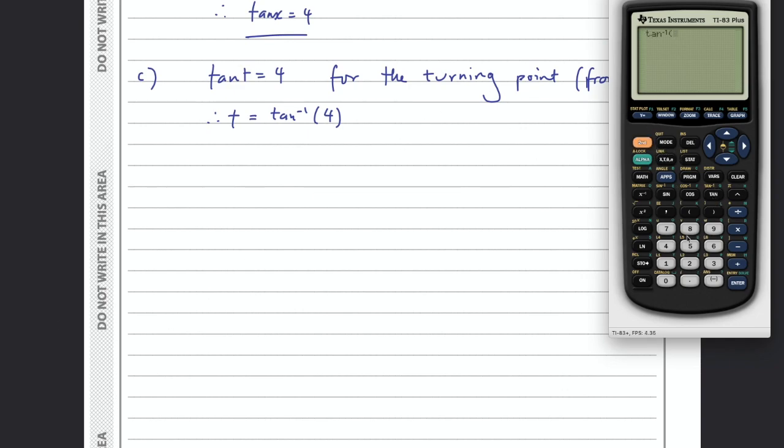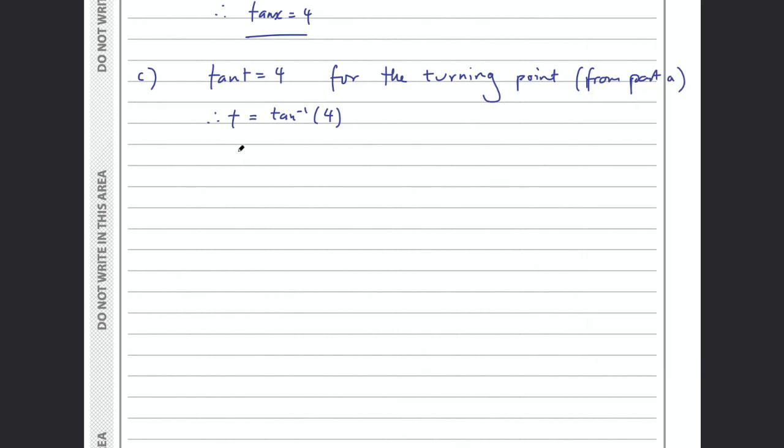So the inverse tan of 4 gives me 1.3258 approximately. t is equal to 1.3258, and we also need to include the period of the tan function, which is pi. I should say k pi because it's not just once, it goes on and on.